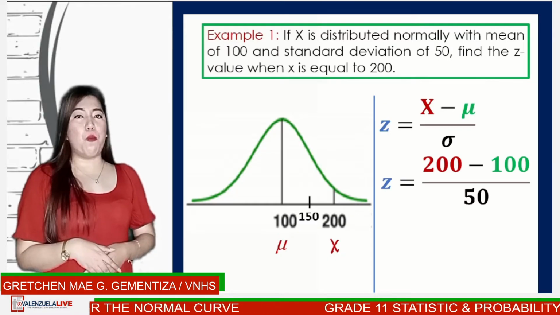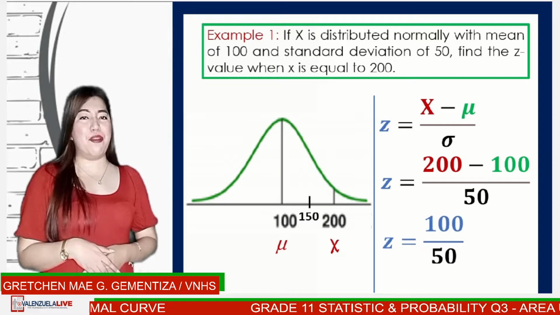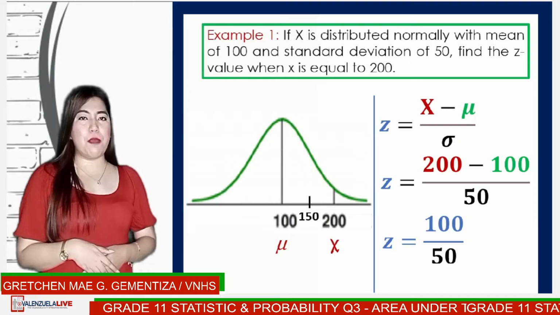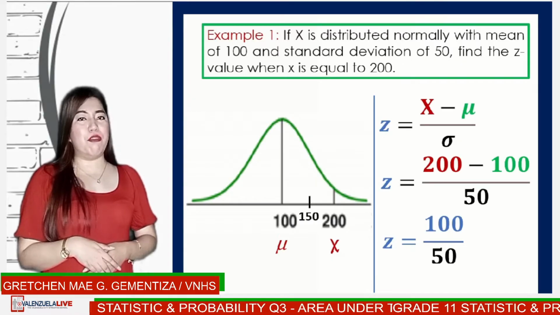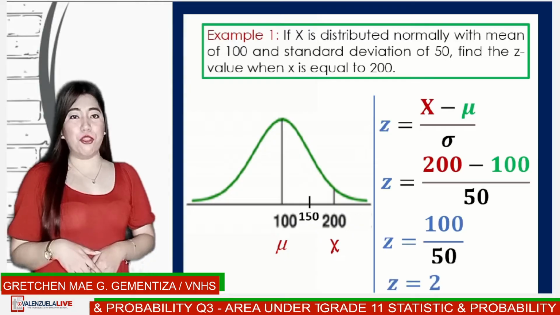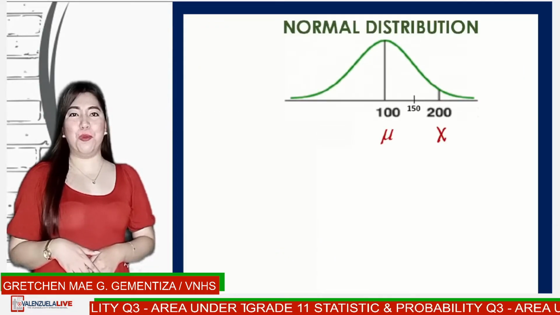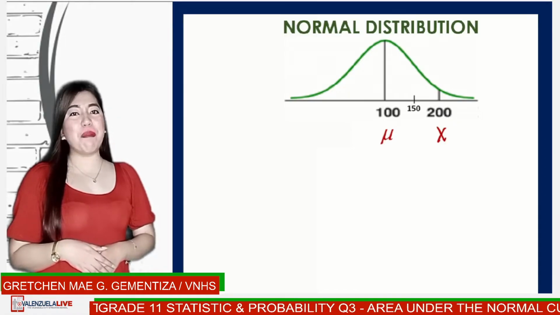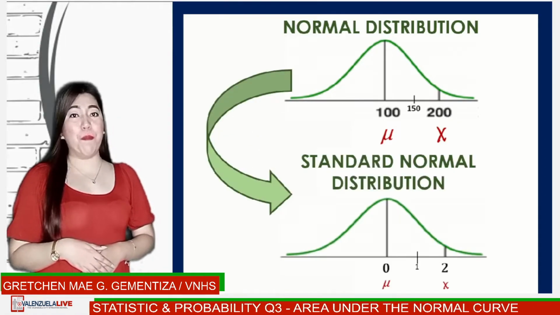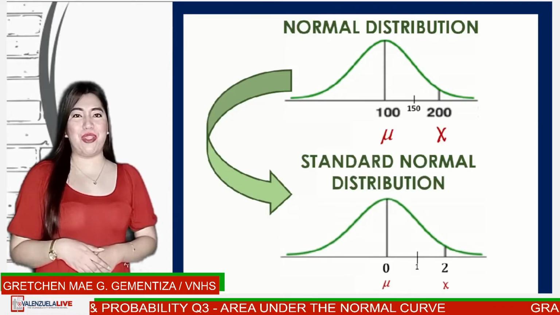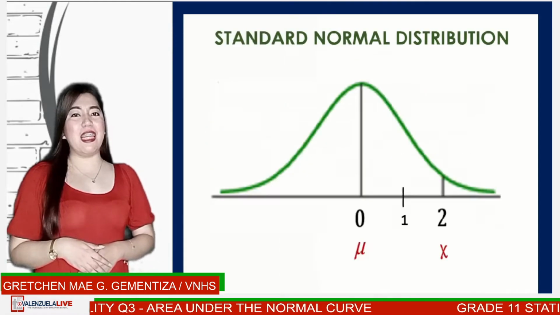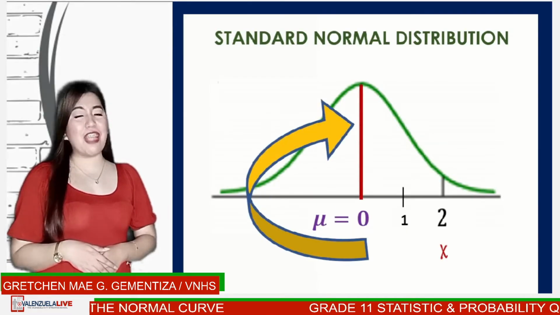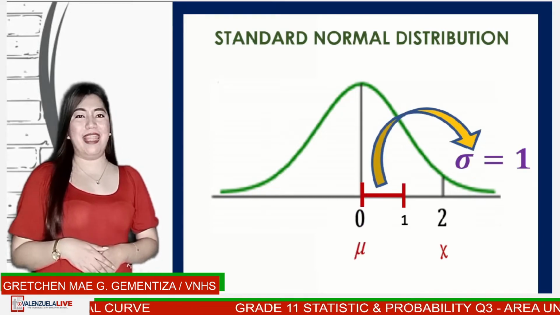In addition, 200 minus 100 is equal to 100 divided by 50, which is equal to 2. Therefore, z is equal to 2. It means that the x value of 200 in normal distribution is equivalent to 2 in standard normal distribution. Always remember that in a standard normal distribution, the mean is at 0 and the standard deviation is always 1.